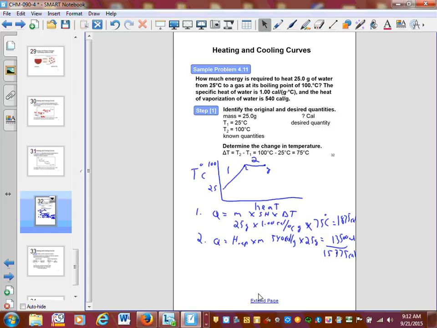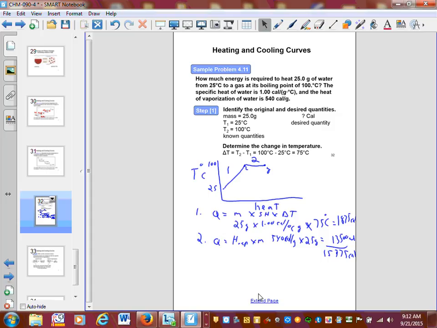If you have a pint of water and a gallon of water, it takes longer to heat the gallon, but the final result for both boiling is 100 degrees C. Vaporization is 540 per gram, so obviously the more grams you have, the more heat you have to put in.